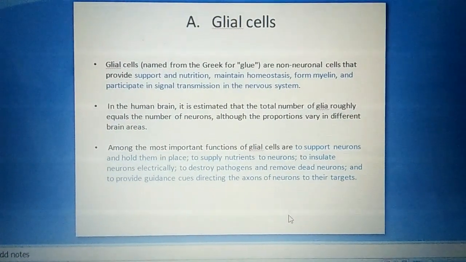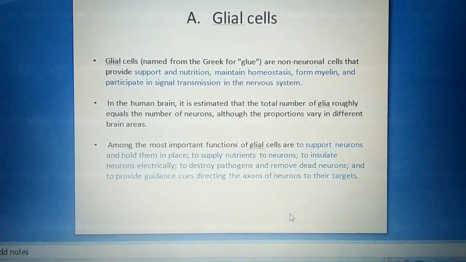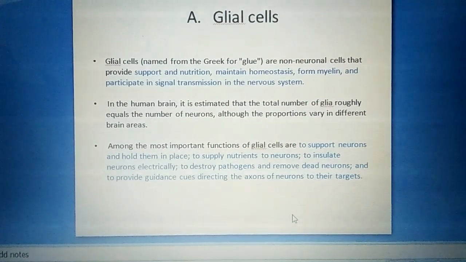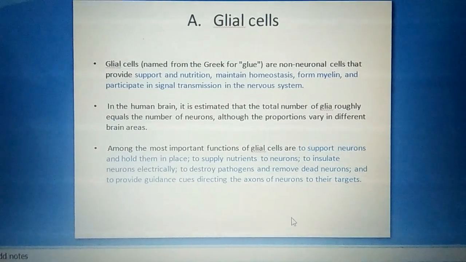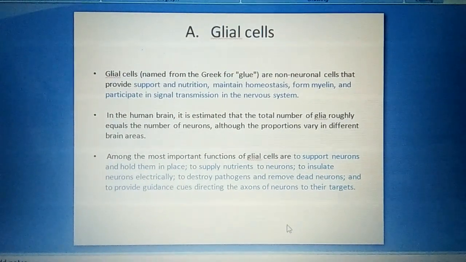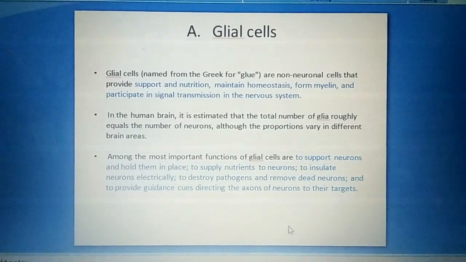Glial cells, name derived from the Greek for glue, are non-neuronal cells that provide support and nutrition, maintain homeostasis, form myelin, and participate in signal transmission in the nervous system.